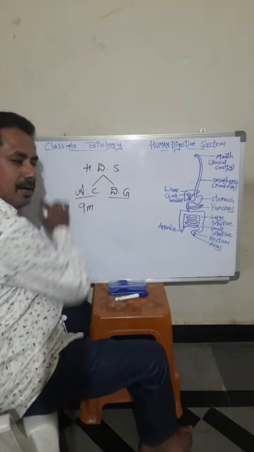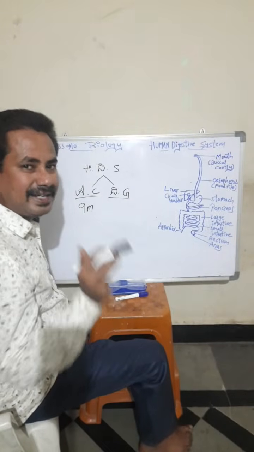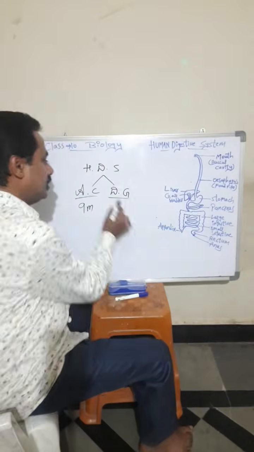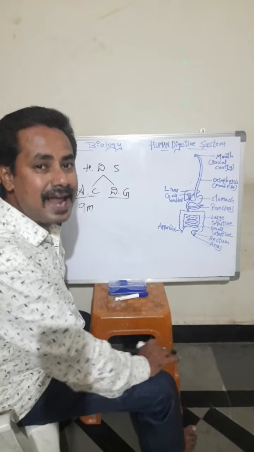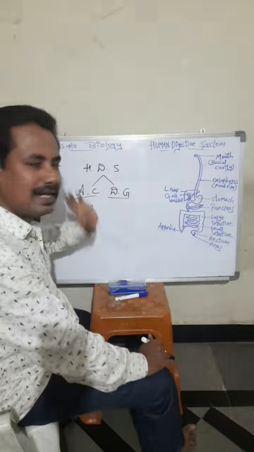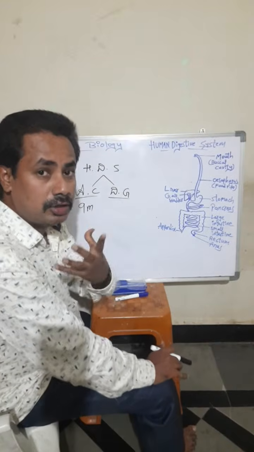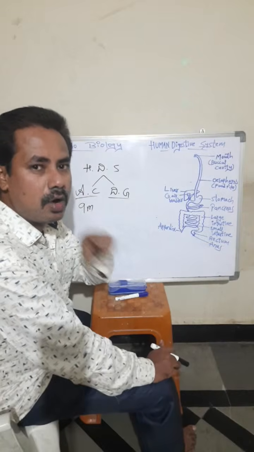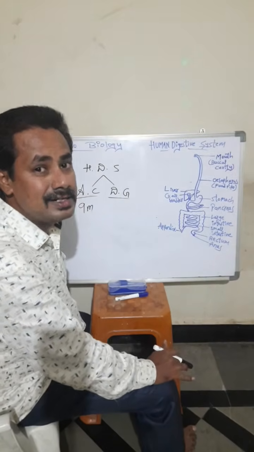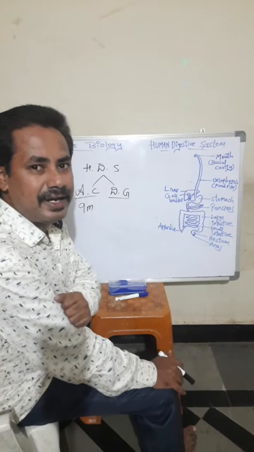So we have studied about alimentary canal just now, not in depth, just information. Now digestive glands in mouth: the salivary gland is a digestive gland which helps in digestion. Below the tongue, a watery substance is continuously released, called saliva.